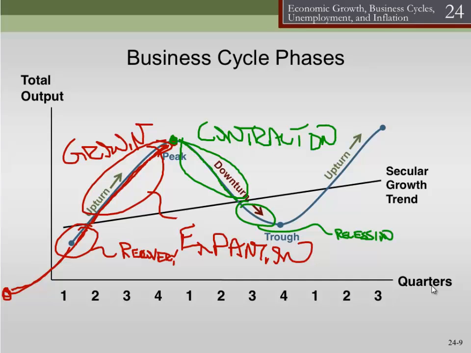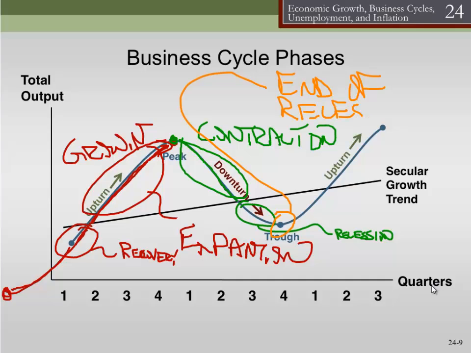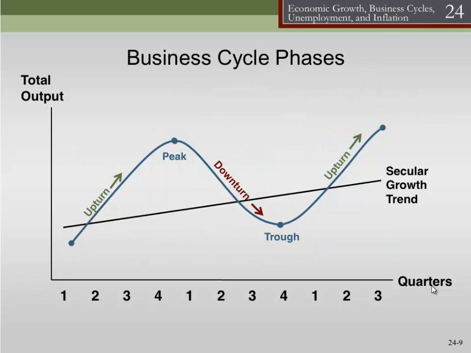I know this is getting messy, but that's okay. Then we have the trough. The trough is the end of the recession. I'm going to erase my stuff so I don't get quite so messy. The trough here, that's where we end the recession.